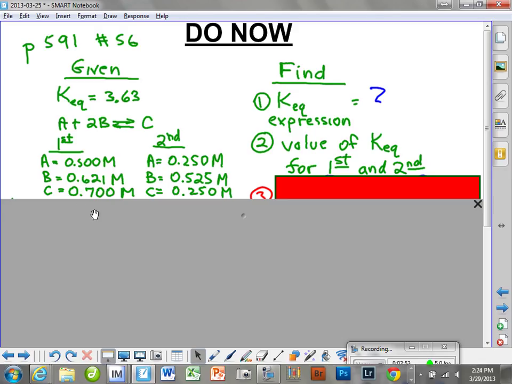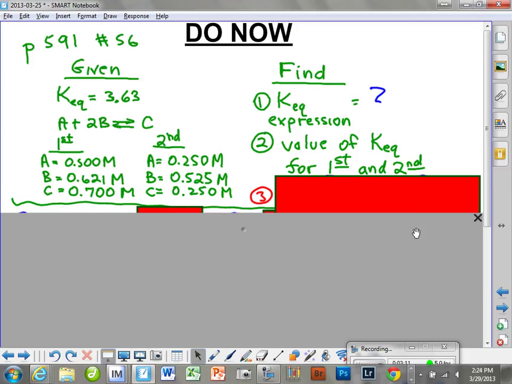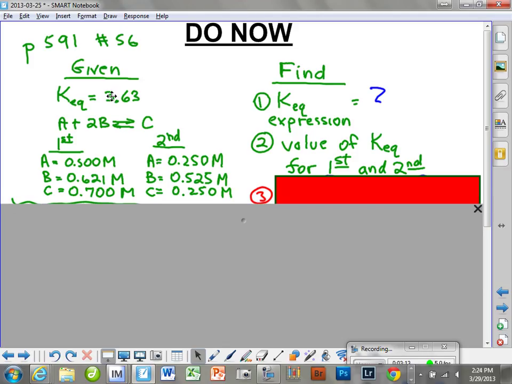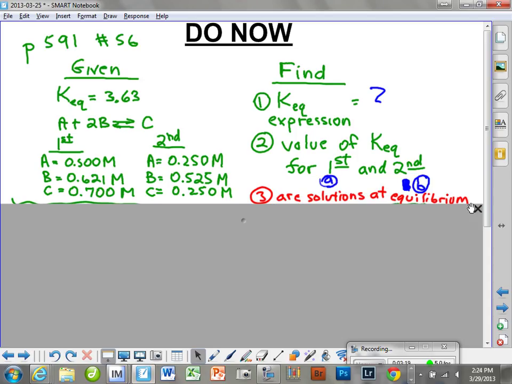I'm going to show you how both sets of numbers are related by one thing, and that's this K equilibrium expression, which will give us the same value for the K of equilibrium. That's what they were actually asking us to find.